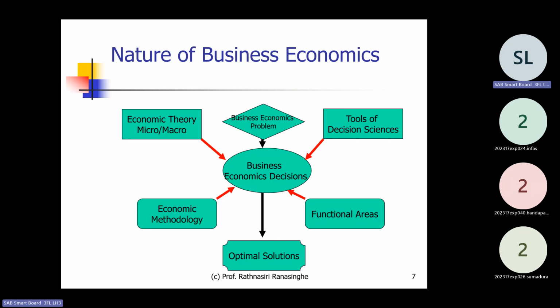We need to select the product, and there's demand. So the selection of products means we need to decide how much output to produce, depending on the demand.